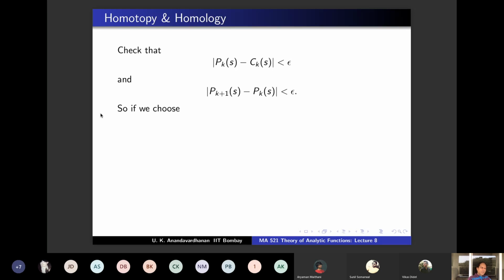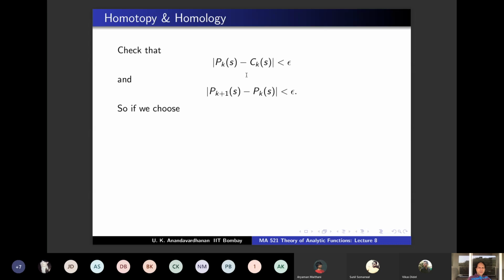Now we can apply the previous lemma to the P_k's. So I would like to choose my epsilon so that the distance between P_k and P_{k+1} should be strictly less than the distance from alpha to P_k. Then I can pass the indices information from one to the other.